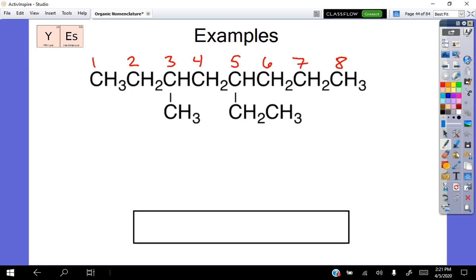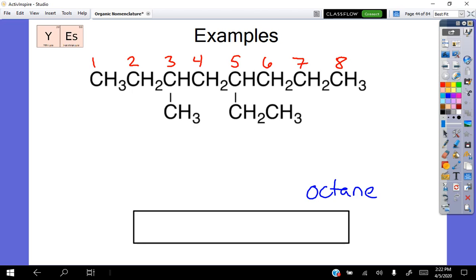Now the other way I could have numbered was from right to left, but I quickly will see that my first branch when I number from right to left ends up on 4, whereas here my first branch ends up on 3. So I am going to number from left to right because that gives me the lowest possible branches here. So I'll erase that right to left numbering. I know my parent chain, 8 carbons, is going to be octane.